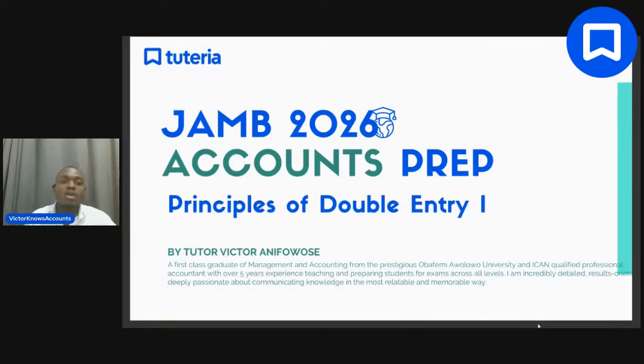Don't forget that while we were talking about concepts and conventions, there was this particular concept that we talked about, the duality concept or the dual aspect concept. I said it is a very, very important concept in the world of accounting, because it tells us how transactions are in reality.